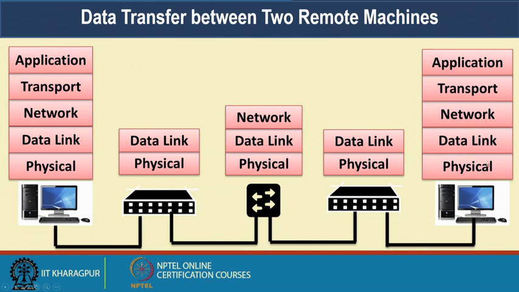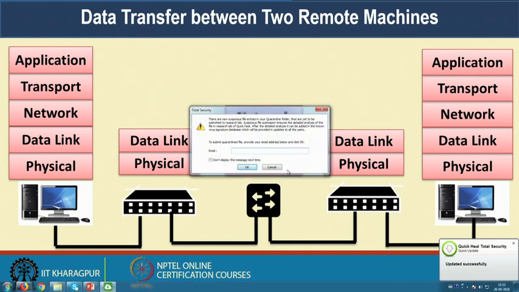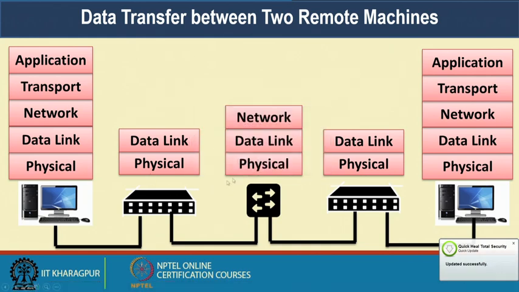Finally, it reaches the other application; if it is email, the peer applications talk to each other, or any applications going over the network talk to each other.